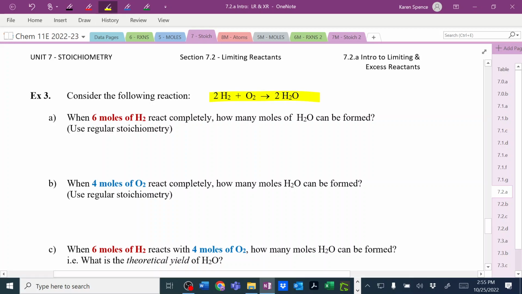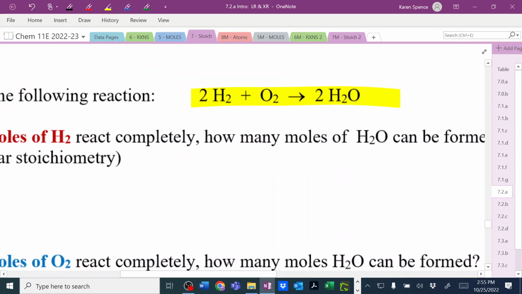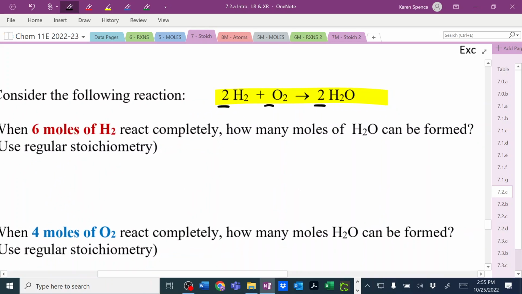Here's our reaction. 2H2 plus 1O2 gives 2H2O. If I have 6 moles of the H2, how many moles of H2O can be formed? You should be able to just look at it and tell. 6, right? Because I have a 2 here and I have a 2 here, so it should be the same. If I react 2, I get 2.